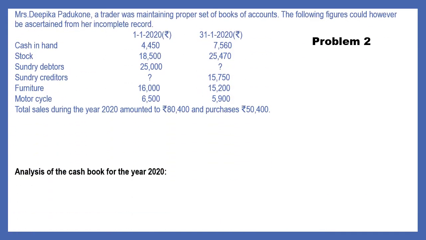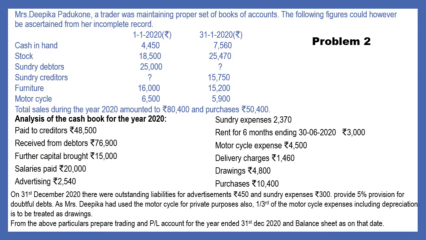So problem 2, in the previous session I have narrated a brief explanation regarding the solution of problem number 2. Now in this problem sundry creditors opening balance is not given. That's why we have to prepare the total creditors account first. Then we can prepare the opening balance sheet.